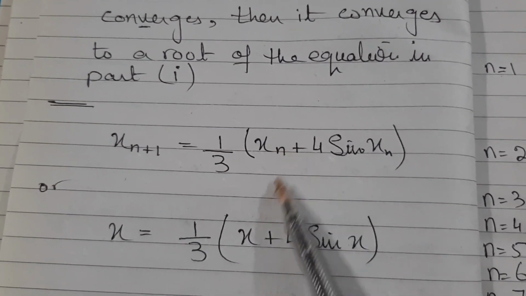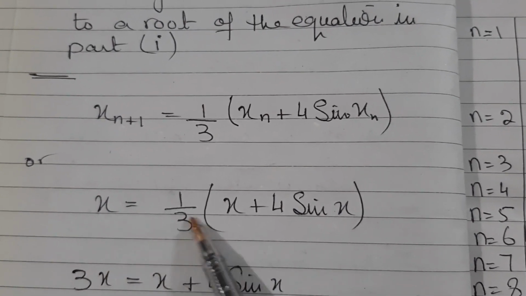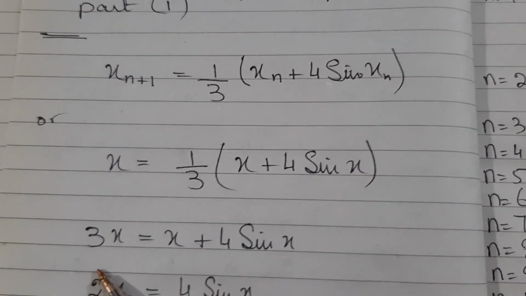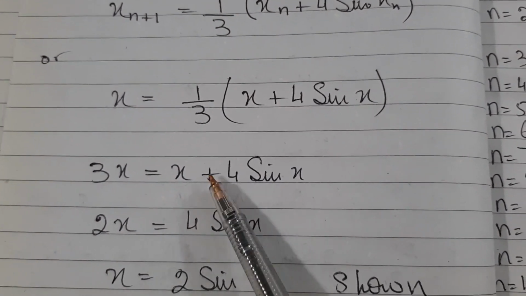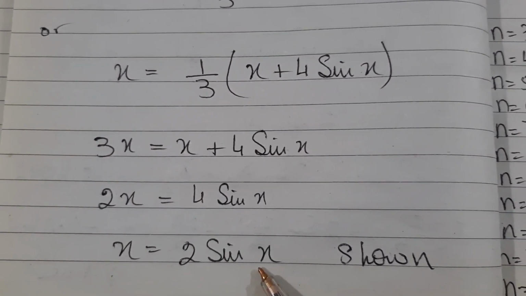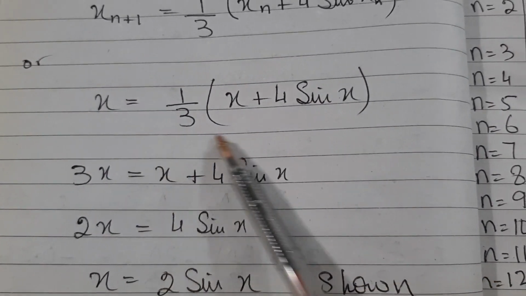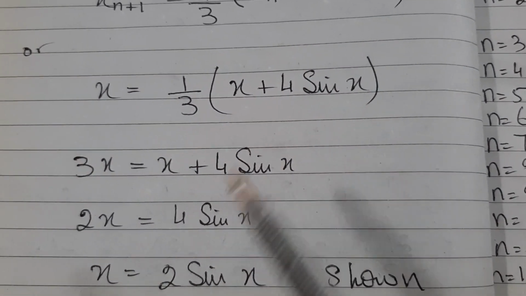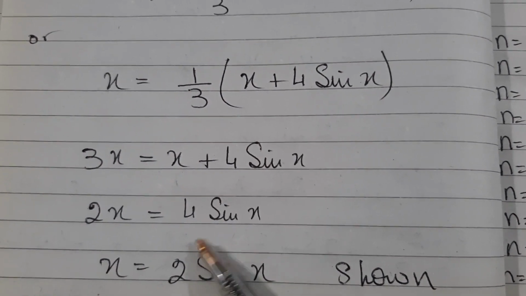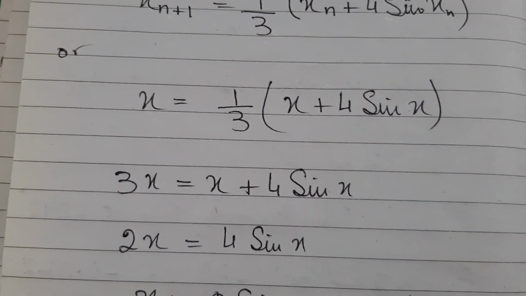First of all, write this one without n, and then just rearrange it. I'm cross multiplying and then simplifying. x goes here, it will become 2x, cancelling it. And I have shown that when I use this formula for the iterative method, it will actually give me the root of this equation. Definitely the fourth part of the question will be to find that root.